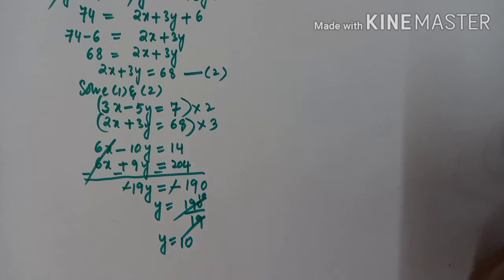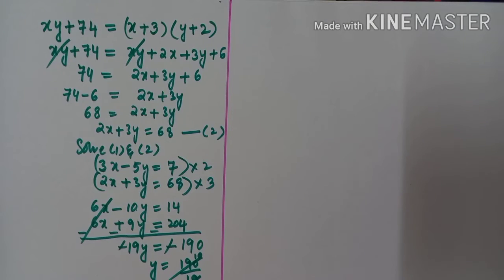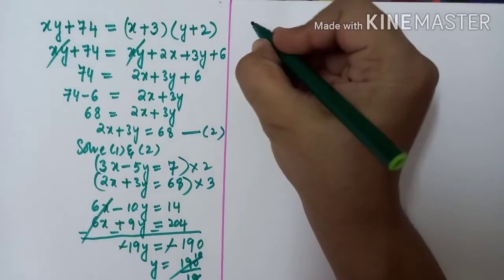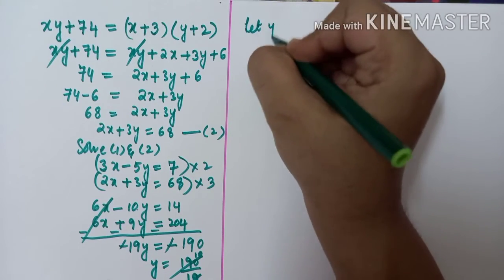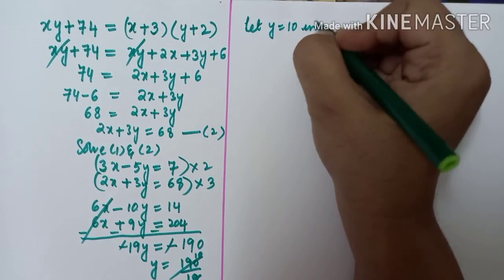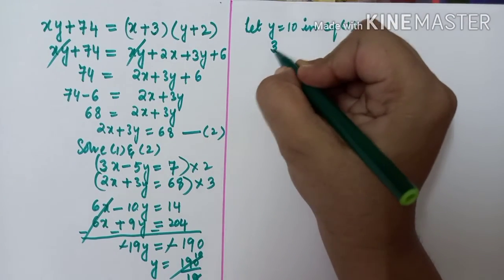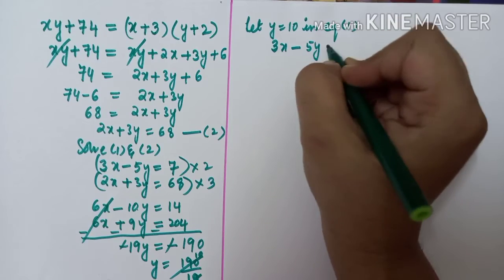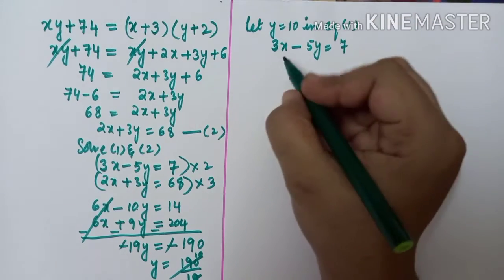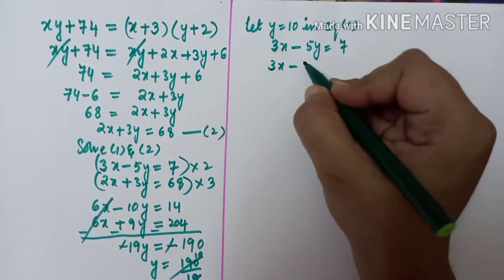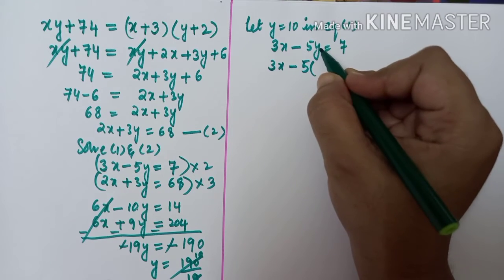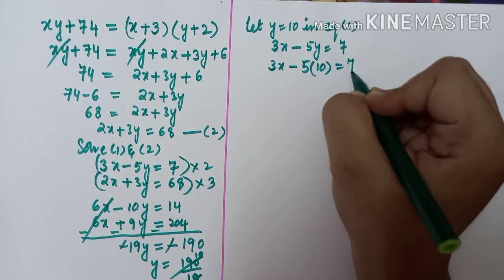Now this y value, let us substitute in any equation. Let y equal 10. We will substitute in equation 1. So what is your equation? 3x minus 5y equals 7. This is your equation 1. In this we will substitute the value of y. So 5 into, in place of y we will write 10, equals 7.